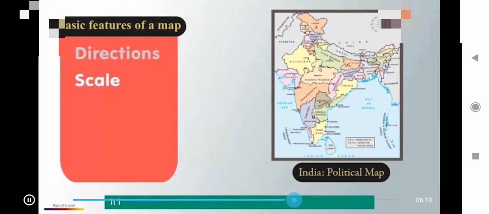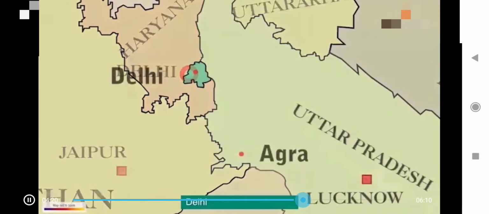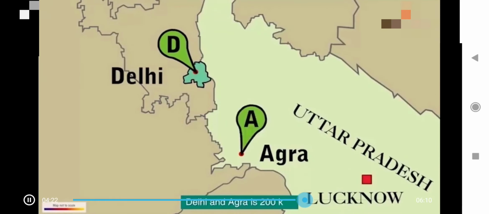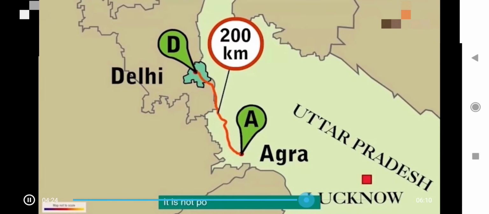Scale. It is not possible to show the actual size of the Earth on a map because it is too large. Let us suppose that the distance between Delhi and Agra is 200 kilometers. It is not possible to show these cities at 200 kilometers from each other on the map.